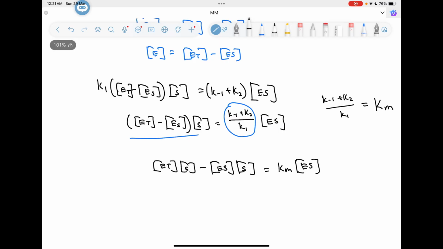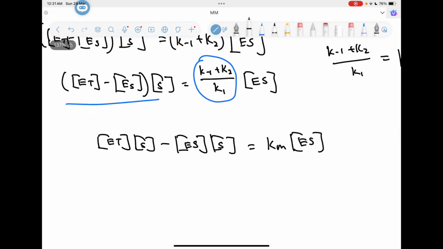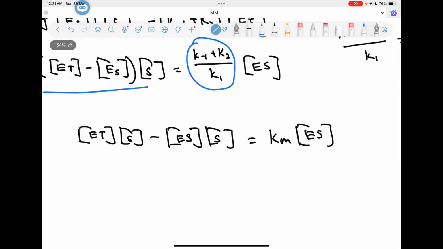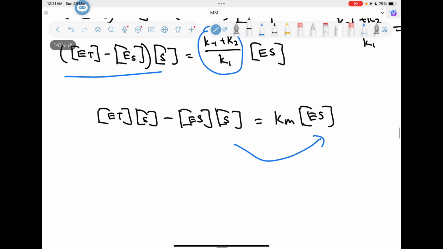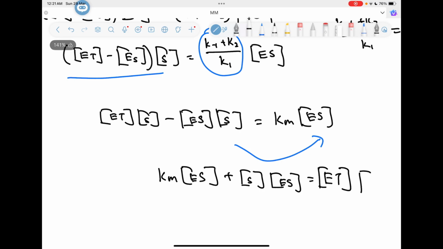And now the goal here is to find a way to make ES the subject of our formula. So what we'll do is we will move this term there. So we will get Km ES plus S ES equals to ET S.